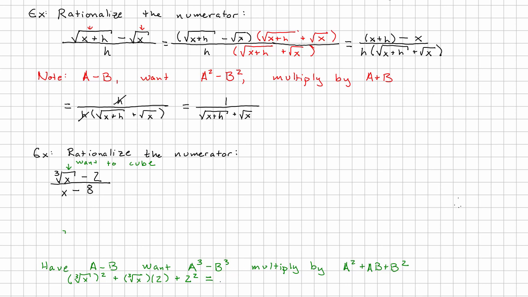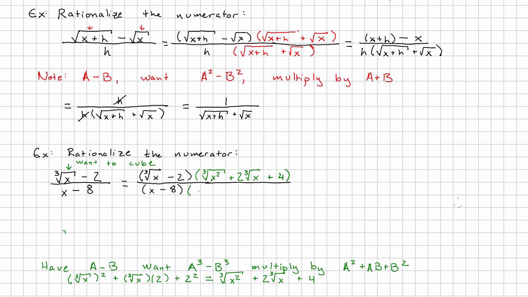And that'll be cube root x squared plus 2 cube root x plus 4. Okay. So we're multiplying our numerator by cube root x squared plus 2 cube root x plus 4.